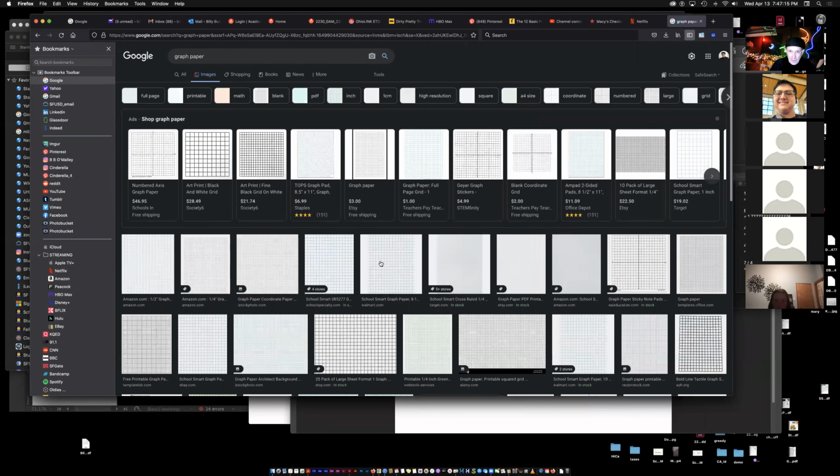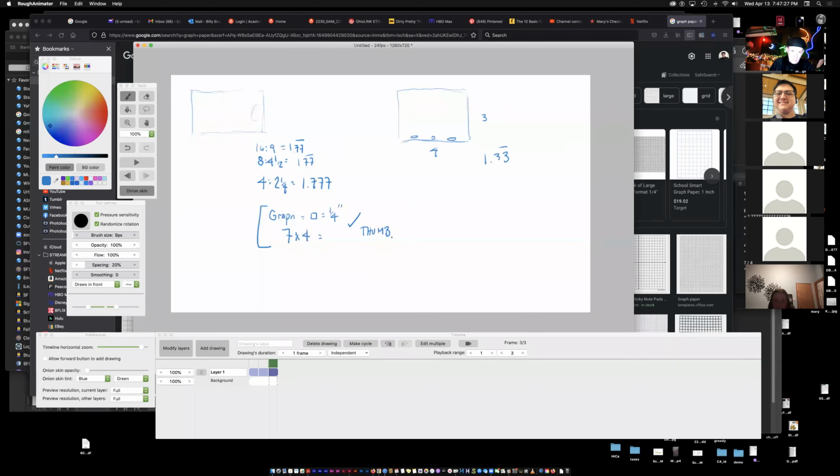You don't need to buy any, but these little squares are generally 1/4 of an inch. Some of them are more engineering and they're 1/10 of an inch, but the idea is that if this is 7:4 squares, then your actual thumbnail is, let me measure it here.